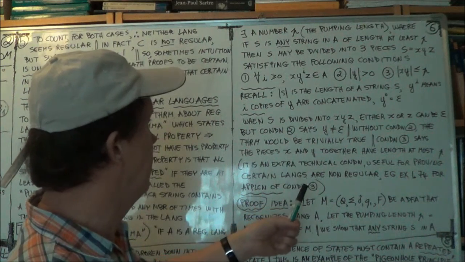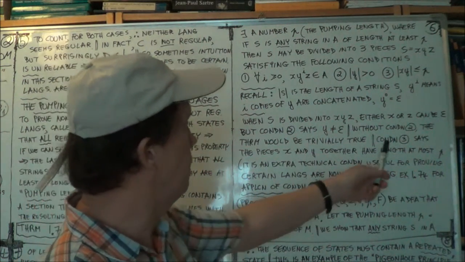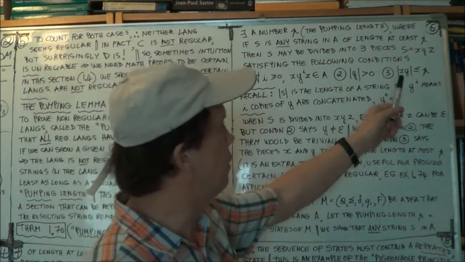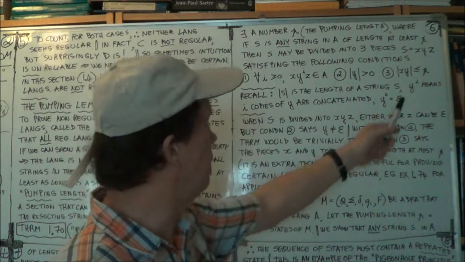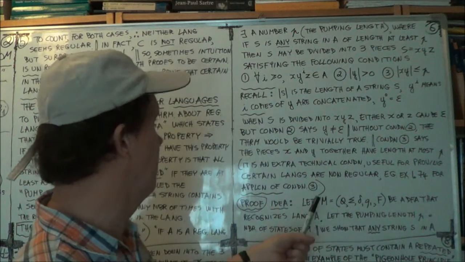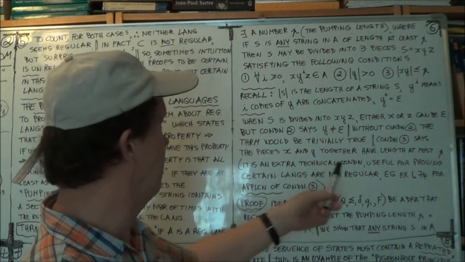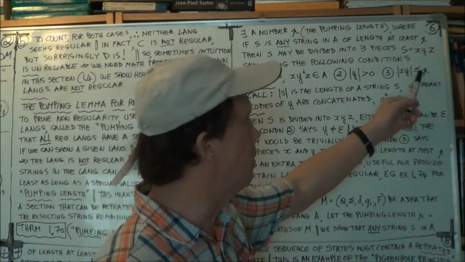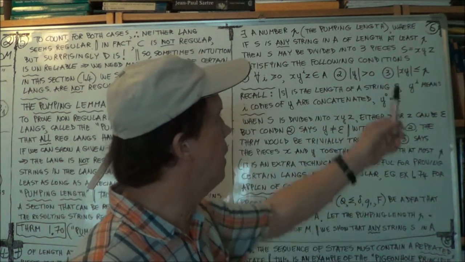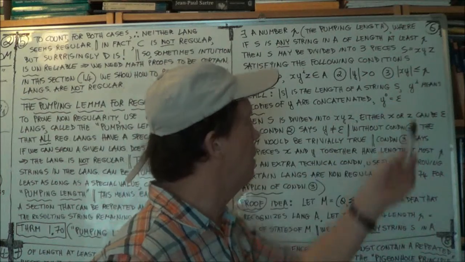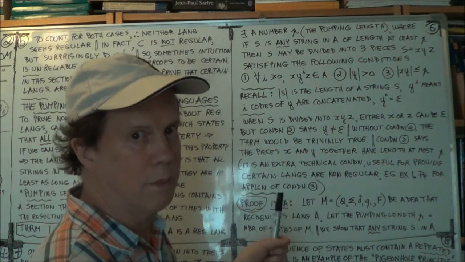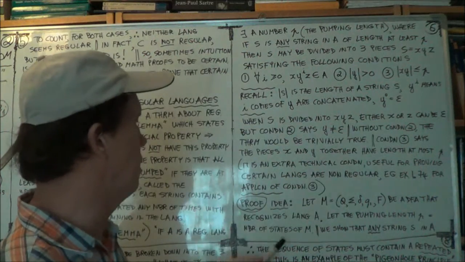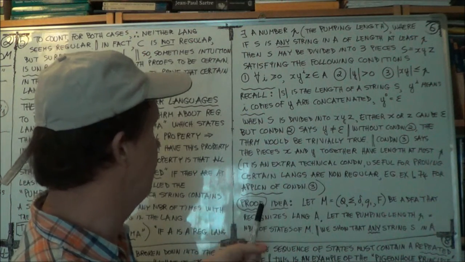Let's see. Well, those are sort of obvious, right? Condition 3, that the length of the first two parts together, xy, has a length at most p. Right? It could be equal to p, but at most p. And this is used for convenience in the mathematical proof. So we'll come back to this later when we get into the actual proof.